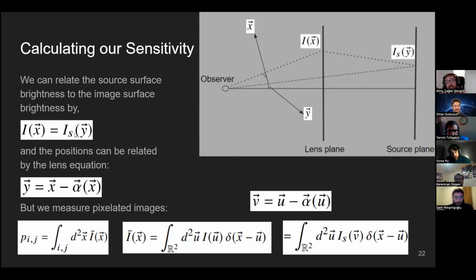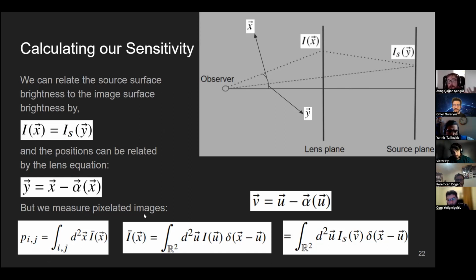What lensing does is it just maps I_S(Y) to I(X). So I(X) is equal to I_source(Y). Surface brightness is conserved. You observe what you get mapped onto. And this is given by the lens equation, which simply tells you where X gets mapped onto.